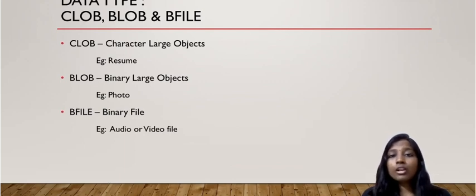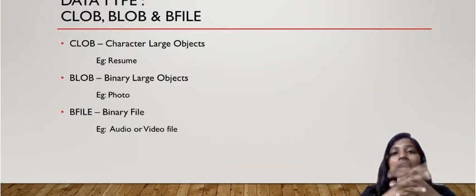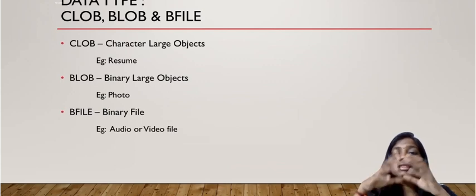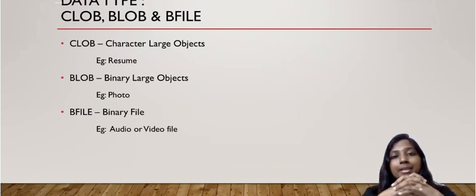If you want a column to store big text formats, then you define that column as CLOB. If you want a column to save photos or images, then you define the column as BLOB. If you want a column to store files, whether audio or video files, then you define the column as B file.